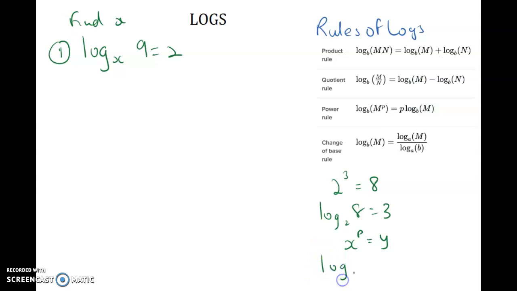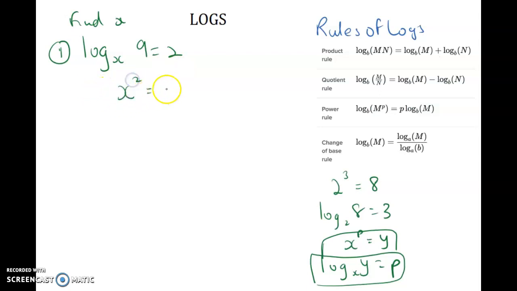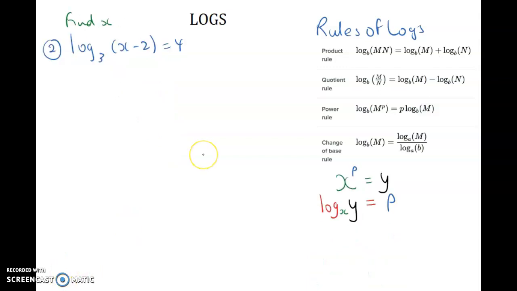So log of base x of y will be p. Applying this same logic here, I could rewrite this sum and I will get x squared is 9. So therefore, x is the square root of 9, so x is plus or minus 3. That, everyone, is the answer to my first question.